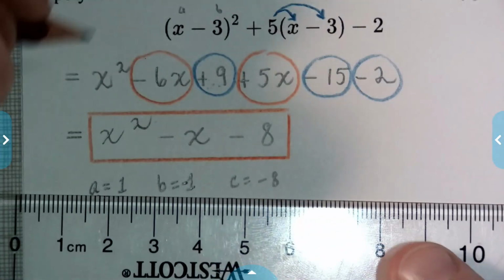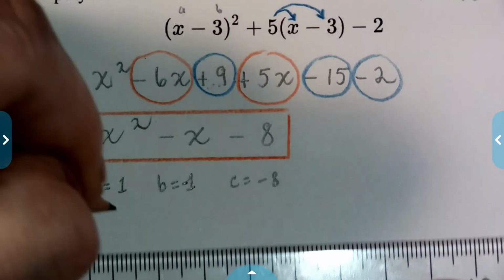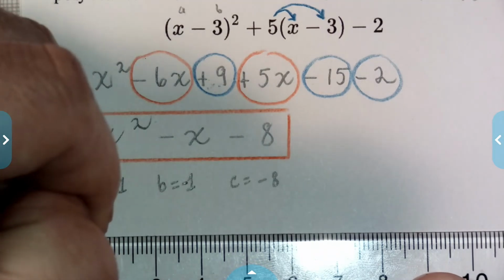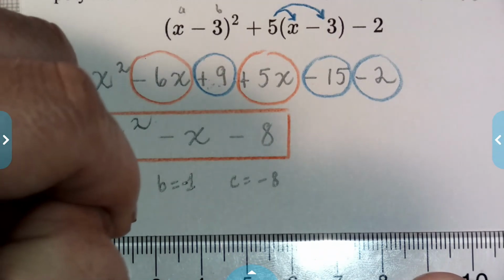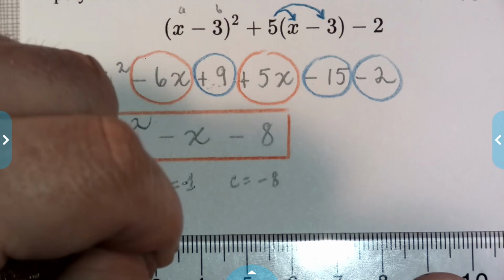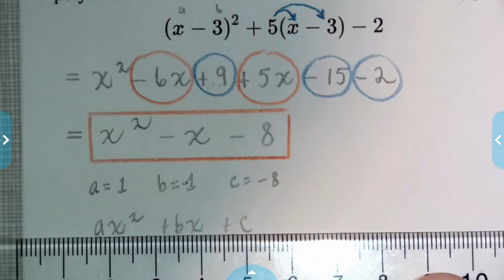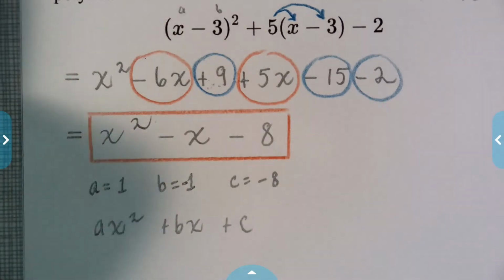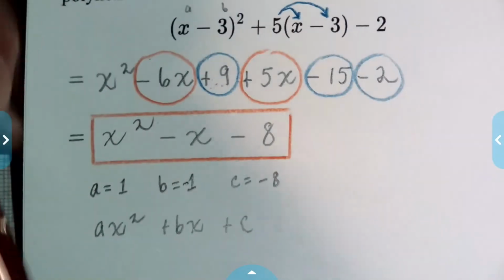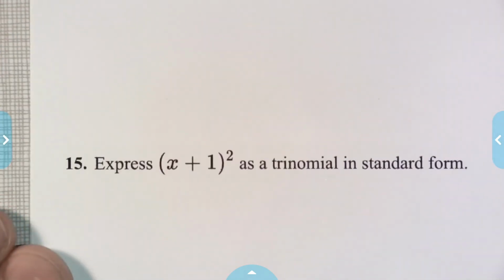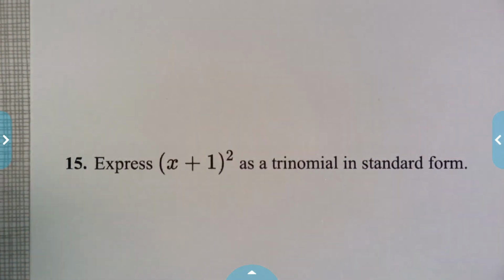Remember, the standard form that you're fitting here is ax squared plus bx plus c. Just because it says plus doesn't mean it has to be a positive number. All right, that was number 14. And now number 15 is actually something we already did.